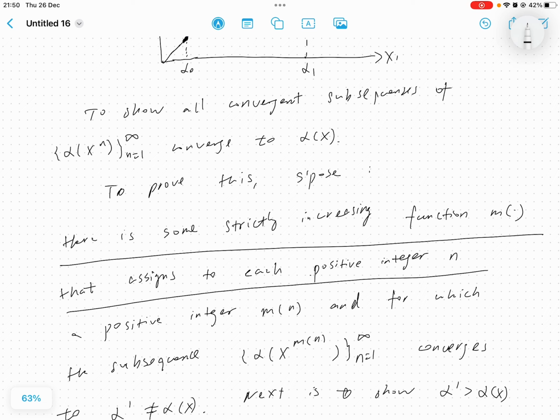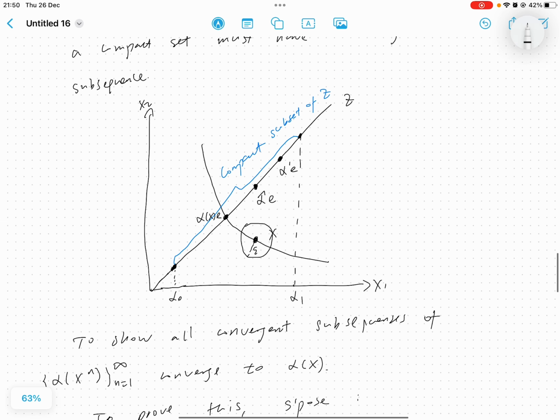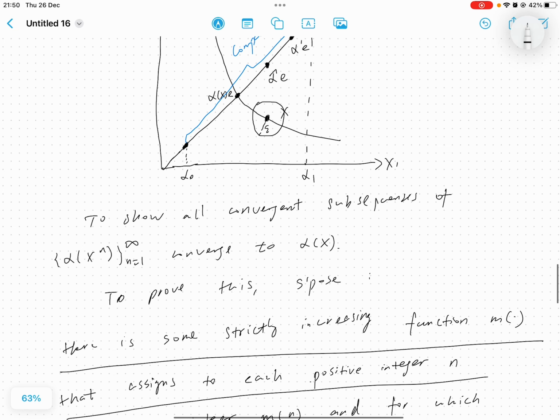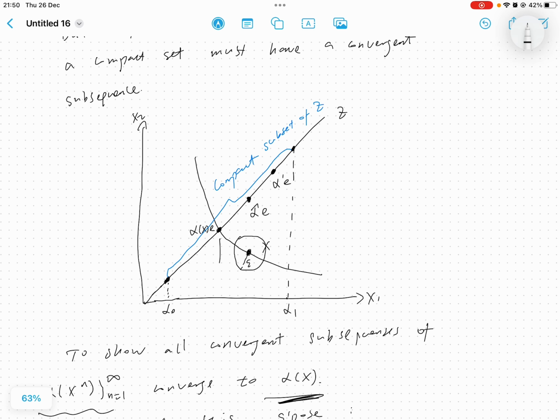So we assume the opposite of the result that we're going to have, and then we lead to this contradiction. And finally, we use this contradiction to show that all the convergent subsequences converge to this alpha x itself. Okay. So then we have shown that this level is exactly just this one level that we can obtain.